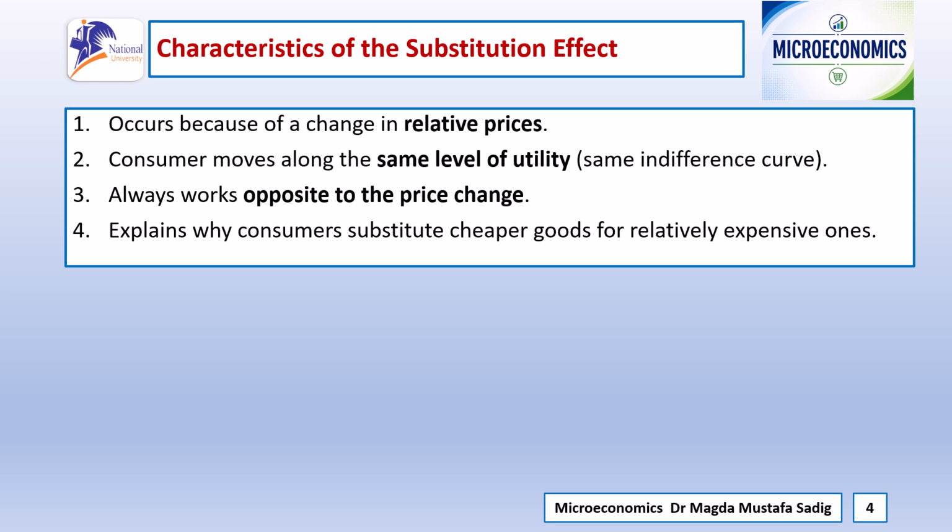Although we won't go deeply into indifference curve analysis today, remember that the substitution effect assumes the consumer's satisfaction or utility remains constant. Third, the substitution effect always works opposite to the direction of the price change. If price rises, quantity demanded decreases. This relationship is always true. That is why economists say the substitution effect is always negative with respect to prices.